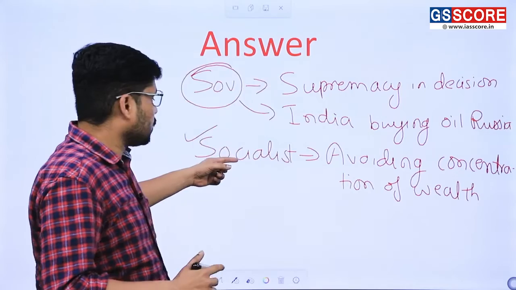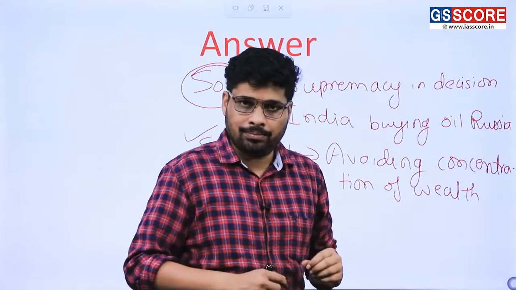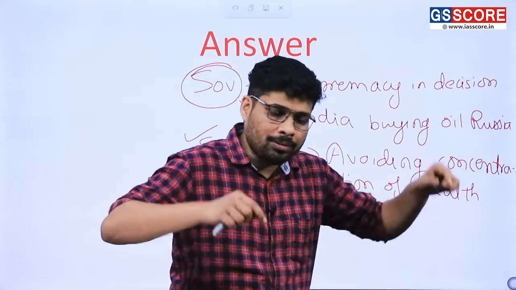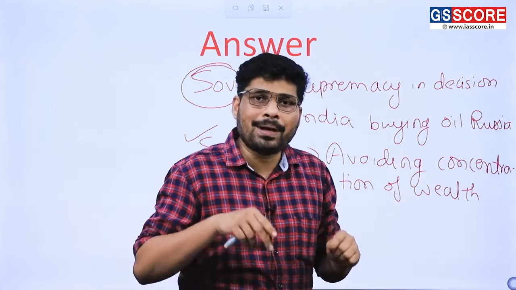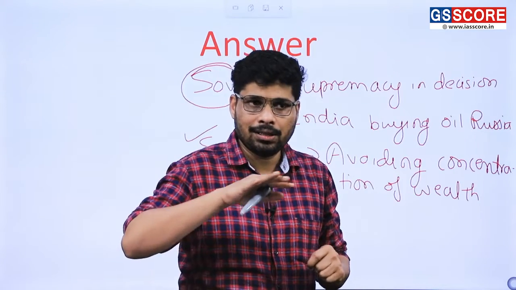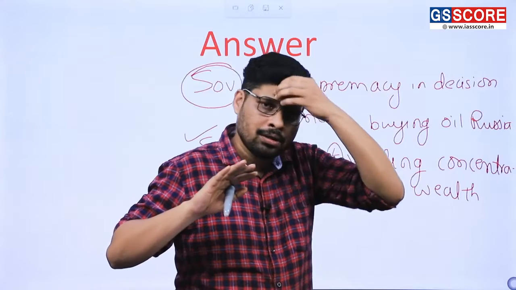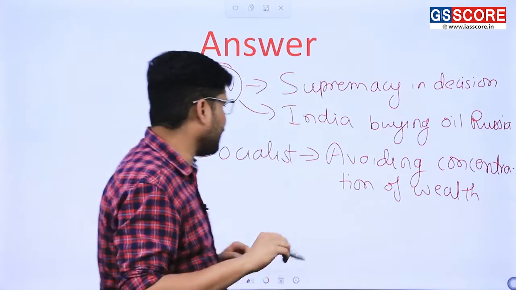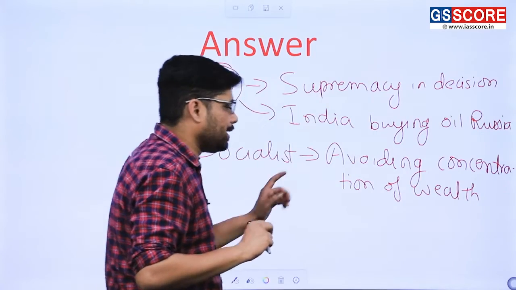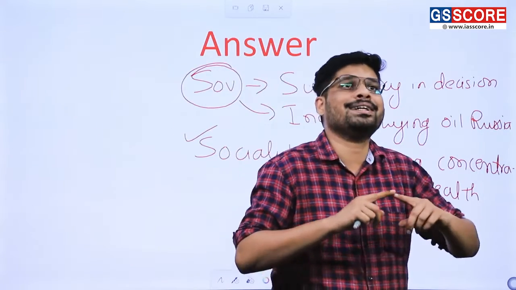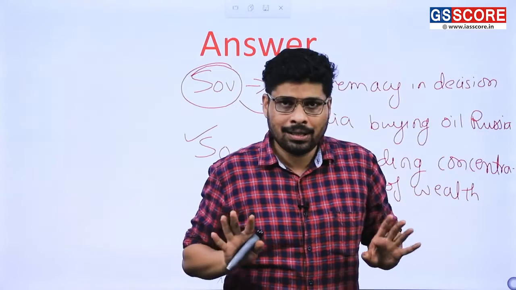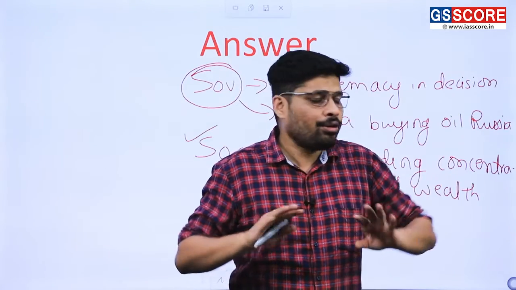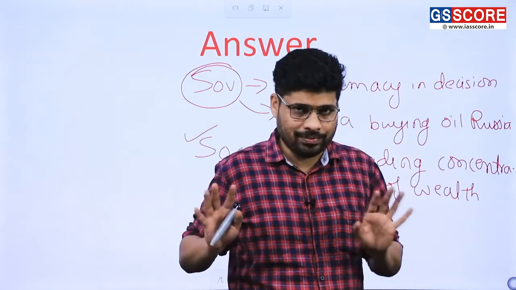First, government was considered to be an important player in the market, thereby maintaining economic equality, or it tried to maintain economic equality. Now what has government become? It is now not a player in the market, but a regulator of the market. Alright. Not even regulator, it is facilitator of the market.